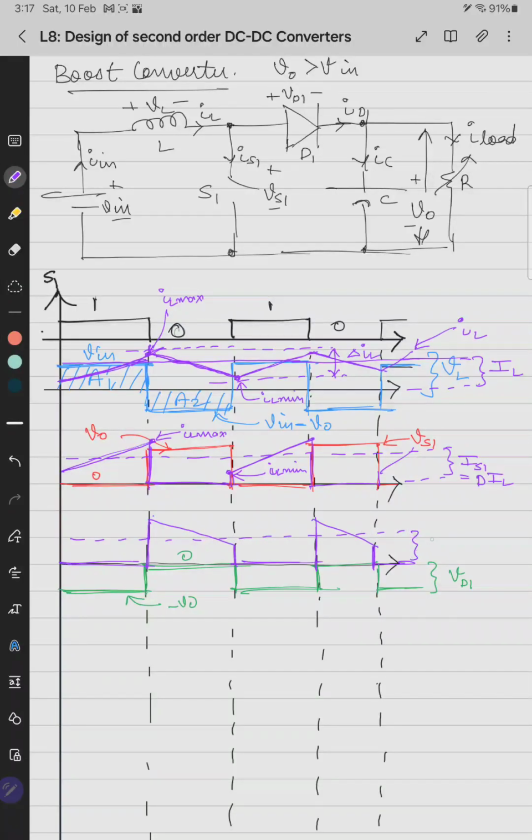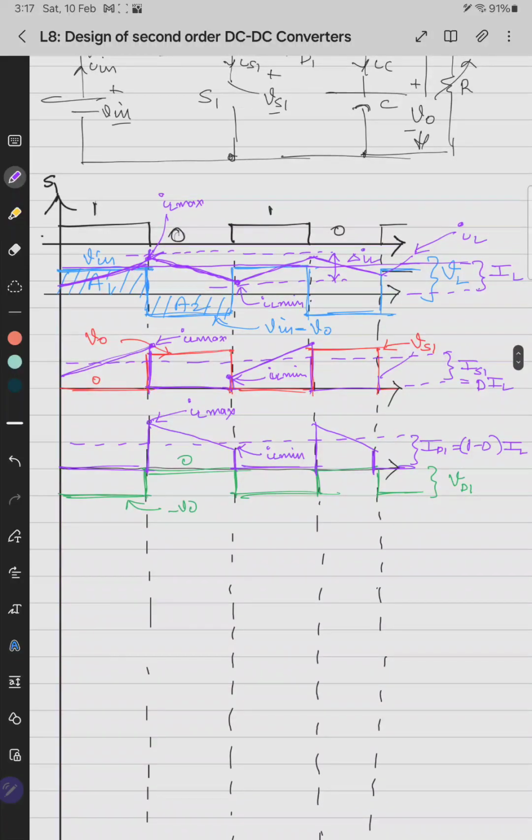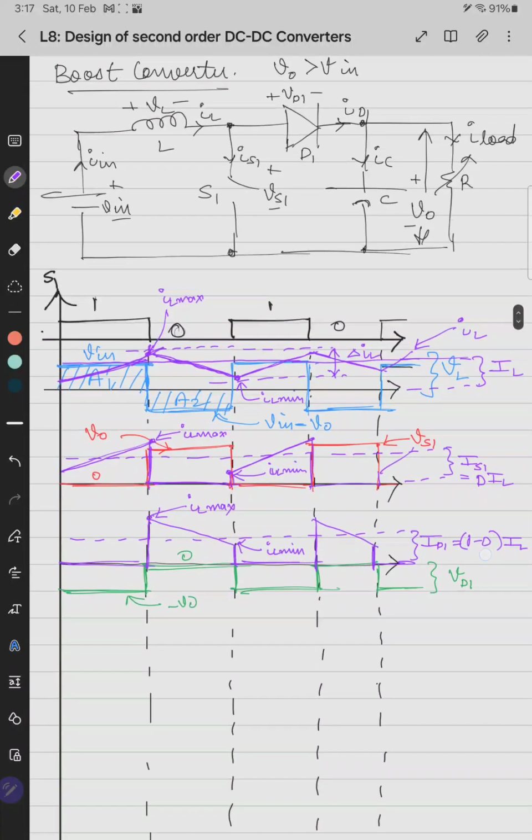This average value, capital ID1, is 1 minus D into capital IL, where this is again IL minimum and this is IL maximum. So this is the waveform of the diode.